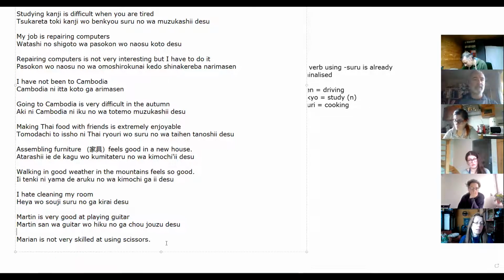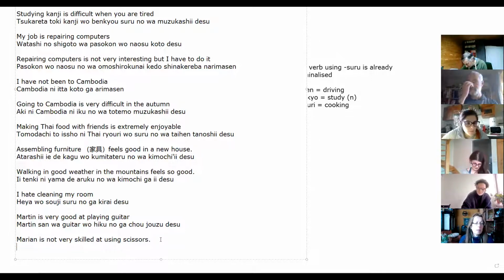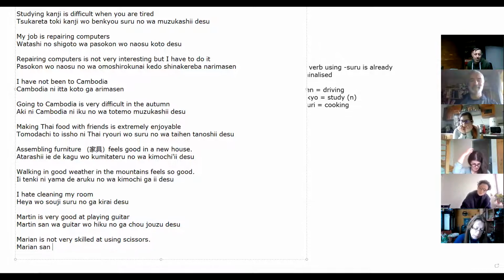And Costa, Marianne is not very skilled at using scissors. Okay, good. Marianne. Oh my god, I just remembered. Hasami. No, it's not hasami. Oh, scissors. Right, sorry.